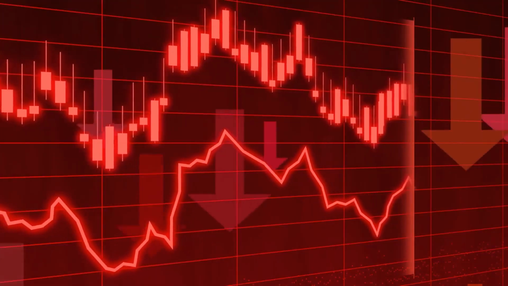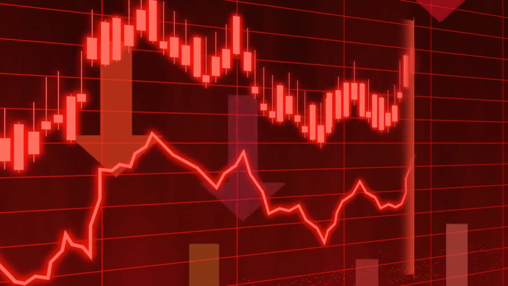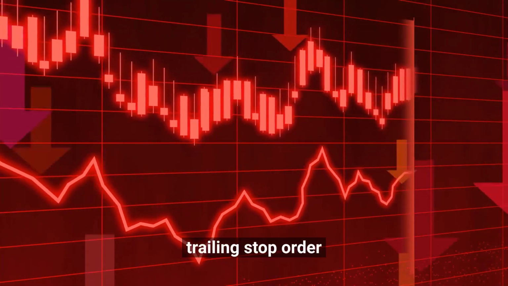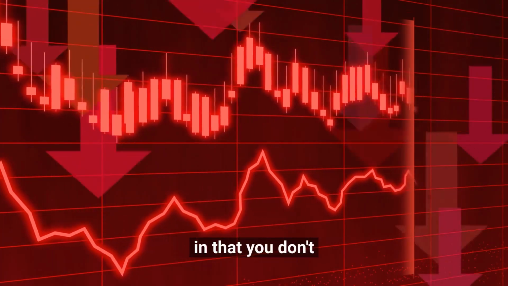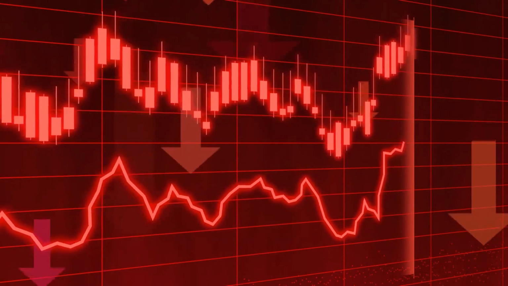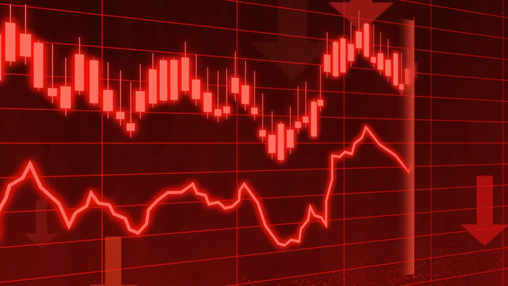If the market then goes back down to 1.3000 and further to 1.2990, your trailing stop order will not move, ensuring that you don't lose more than the maximum allowed when you place the order, in this case, 1.2980.